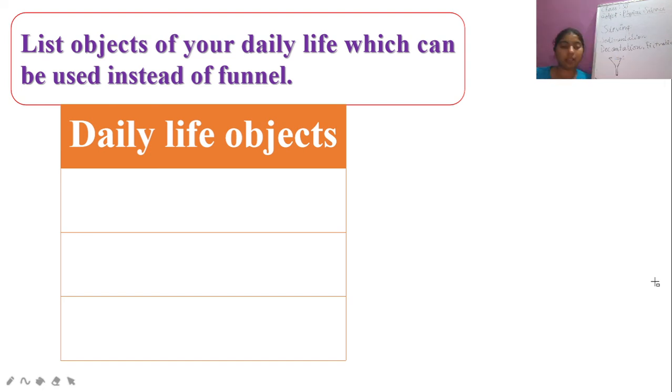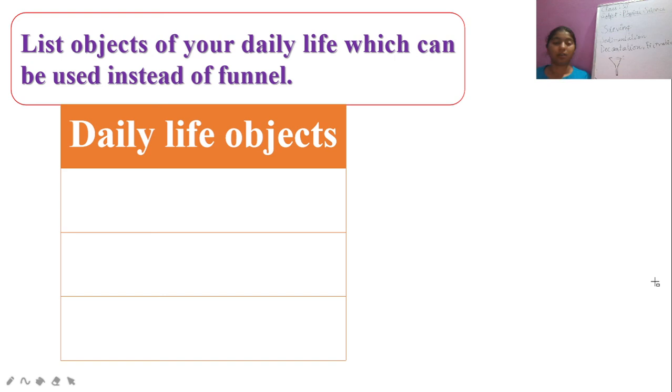You cut the bottom part, and you get this type of plastic bottle for transferring petrol and diesel in your vehicle. So that way it helps a lot, right? Many more examples are there where these types of funnel instruments which are in the laboratory, we use in our day-to-day life for transferring from one part to another part.